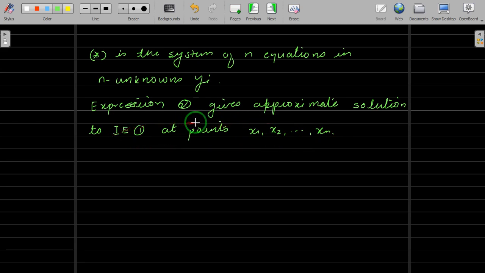So we will get the approximate solution for your integral equation.